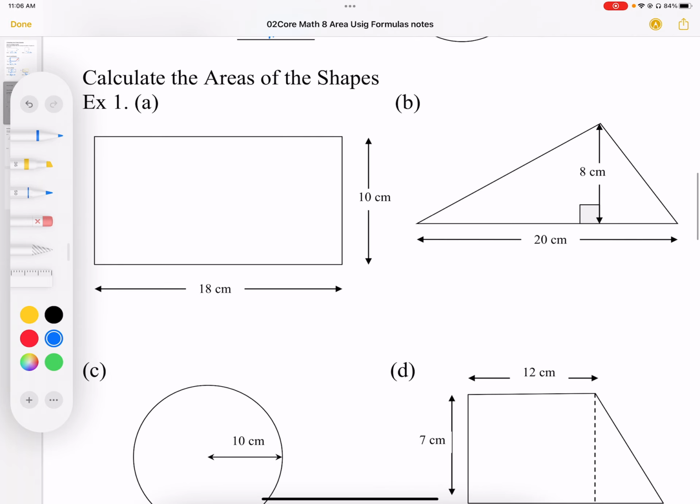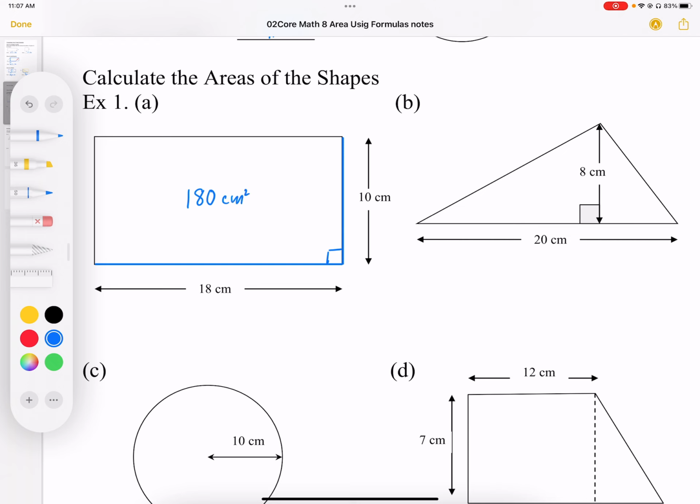So the area of these shapes then, if we ever need to, we can actually draw in the actual squares and then count them all up in a grid, but we should start getting more confident that if we just do length times width, as long as the two lines that we're going to use, this line here, the length, and this line here, the width, are at 90 degrees to each other, we know that length times width is going to make the number of squares.